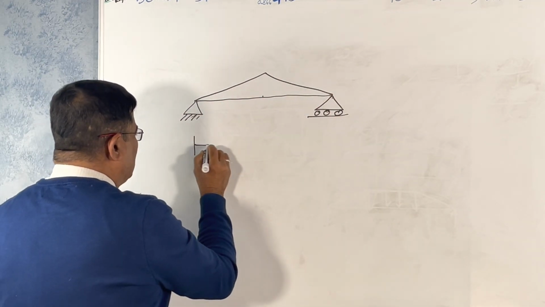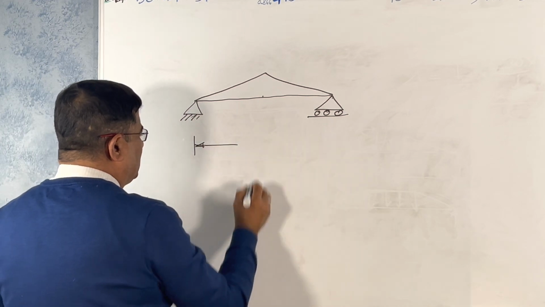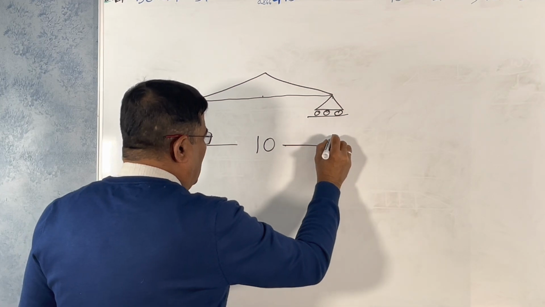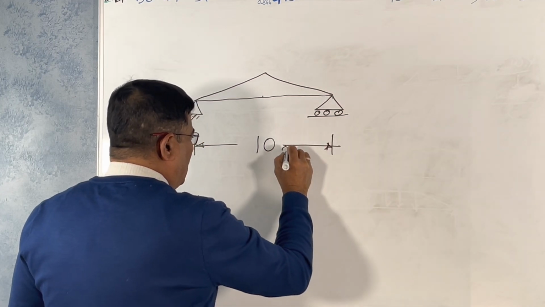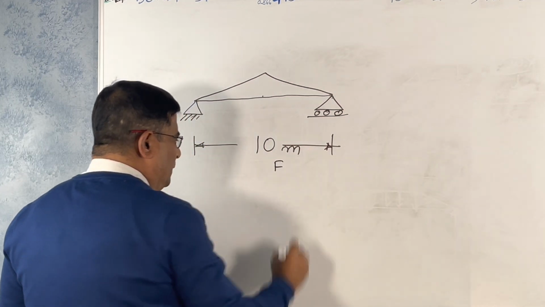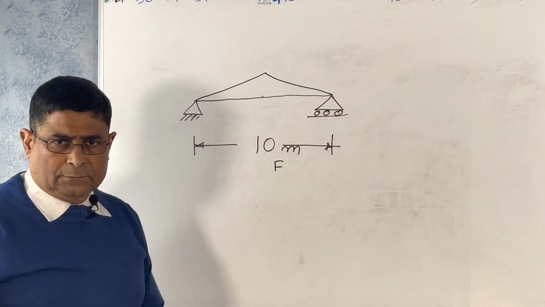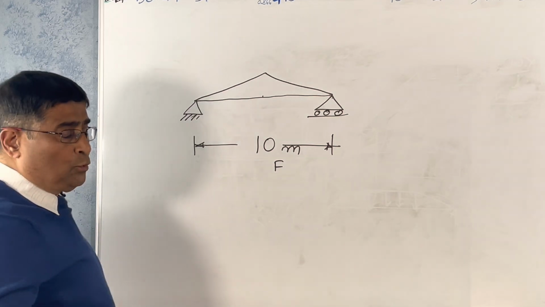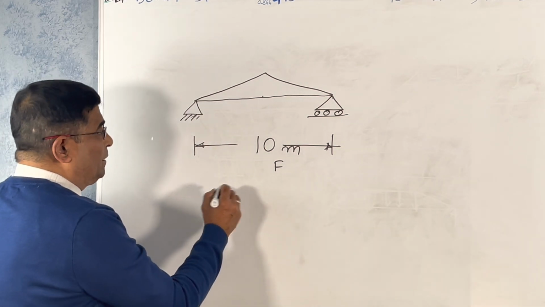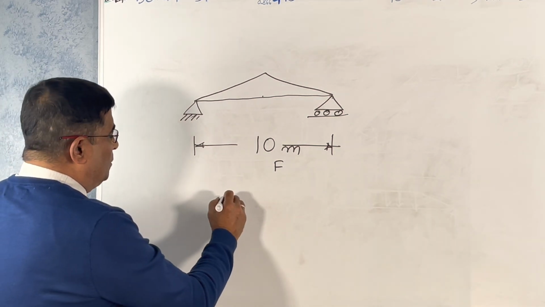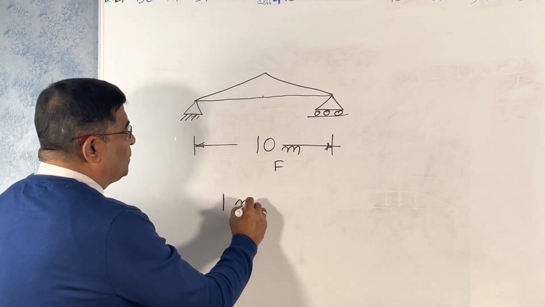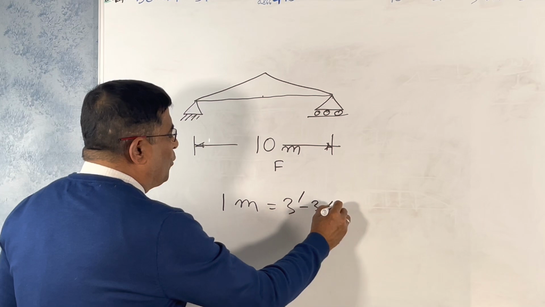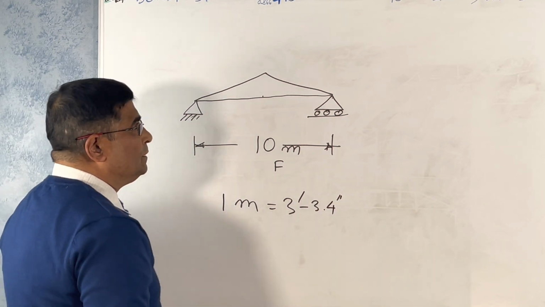Assume this is 10 meter or 10 feet. Either way, the unit is different, but I am considering the same number. As I told you earlier, 1 meter equals 3 feet 3.4 inches.